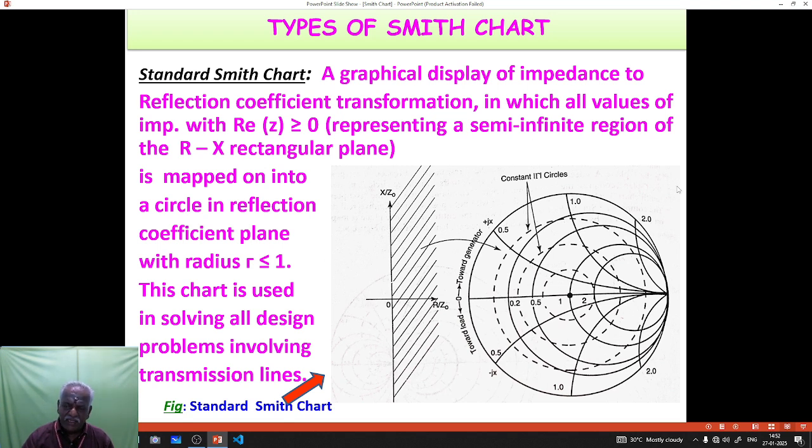This is the standard Smith chart which we are discussing in an elaborate manner. So the radius gamma is less than or equal to 1. Here it will be equal to 0. We have seen that gamma is equal to 0; that is the reflection coefficient. If it is 0, it is marked here.